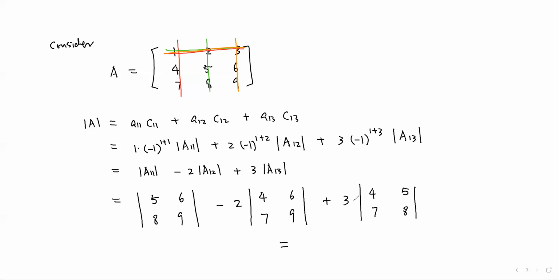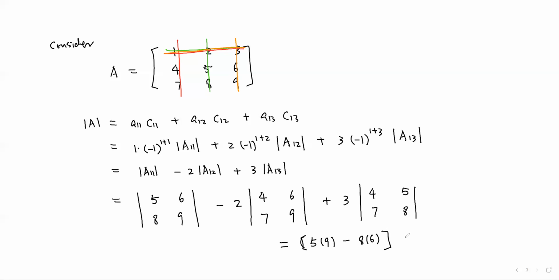All the 3 determinants are 2 by 2 determinants. We have a formula to compute 2 by 2 determinants in the previous example. The first determinant is the product of the main diagonal entries, 5 times 9, minus the product of the anti-diagonal entries, 8 times 6.